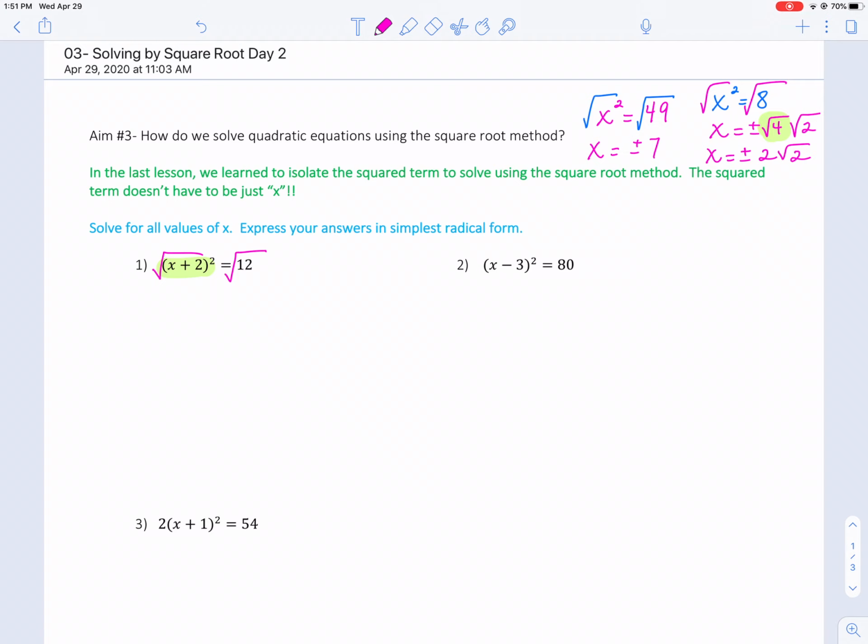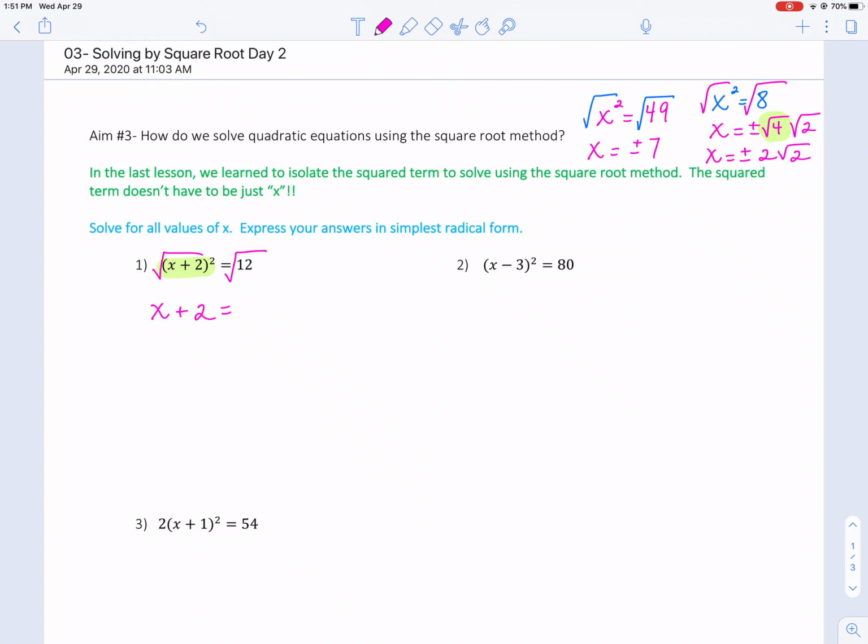So when I do that, I get the square root of x plus 2 squared. Well, think about it. x plus 2 times itself would just leave me with an x plus 2. So when you take the square root of that binomial term, it's just one of them, x plus 2.